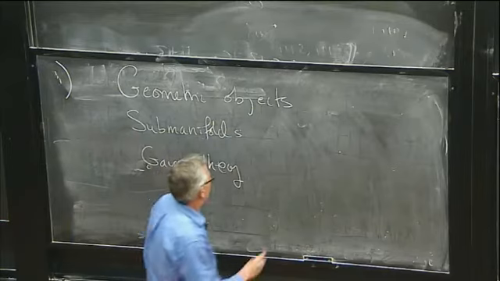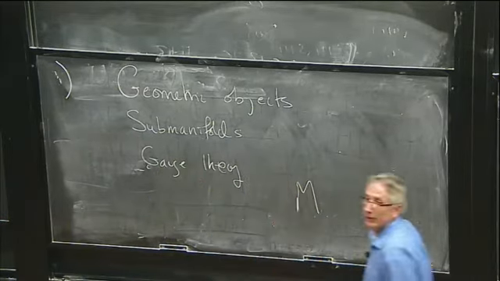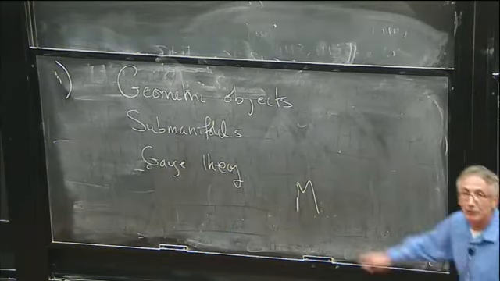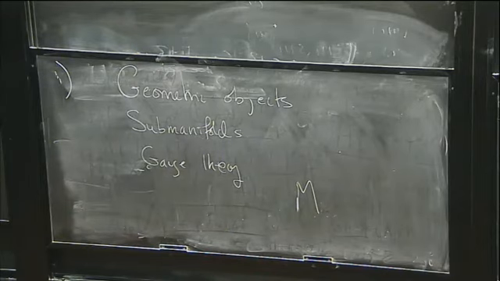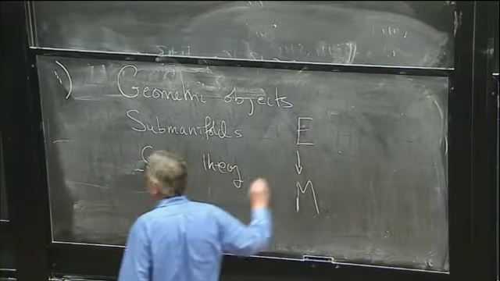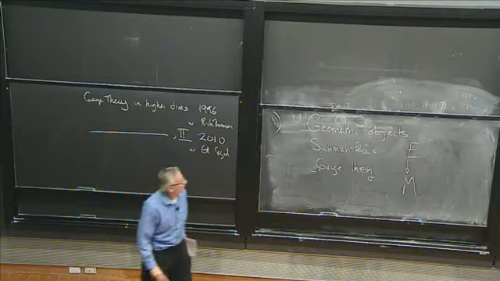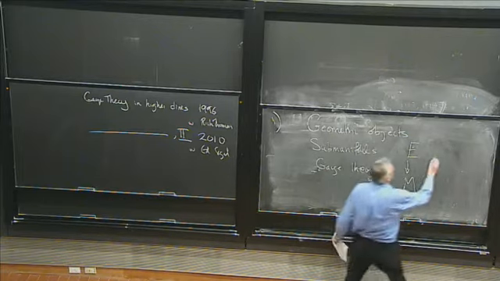Over our manifold M, which will have our special structure on it, we want to consider an auxiliary bundle E. Think of, say, a complex vector bundle with structure group SU(n), some n.